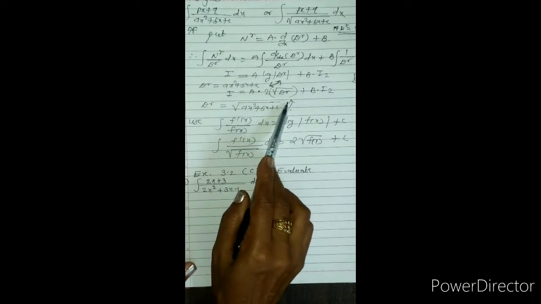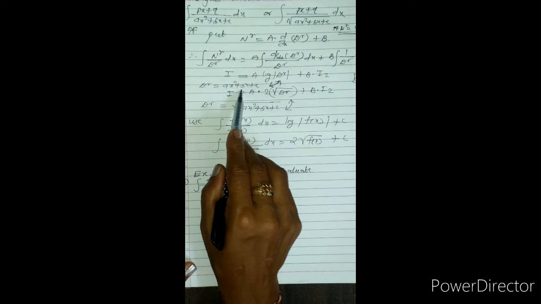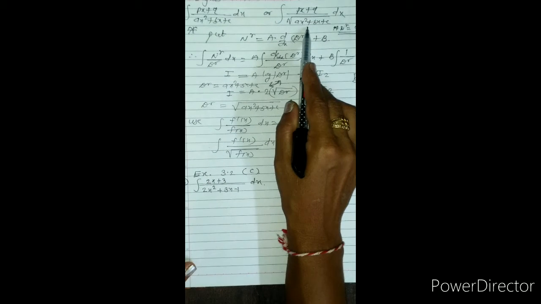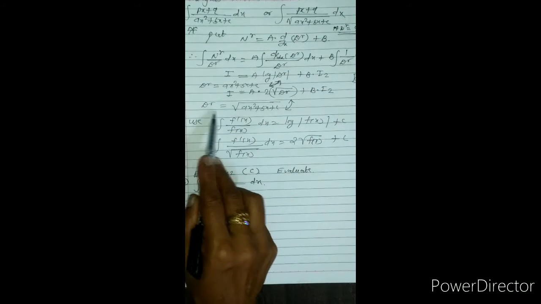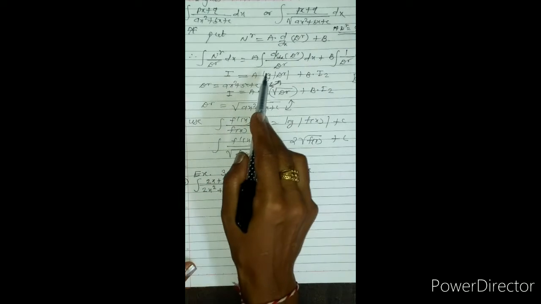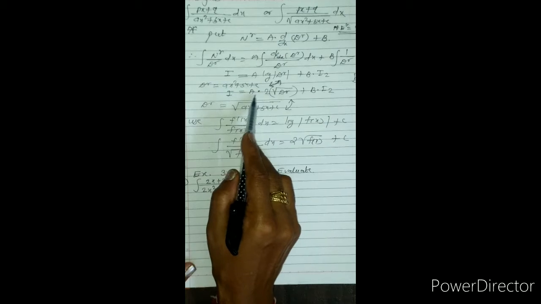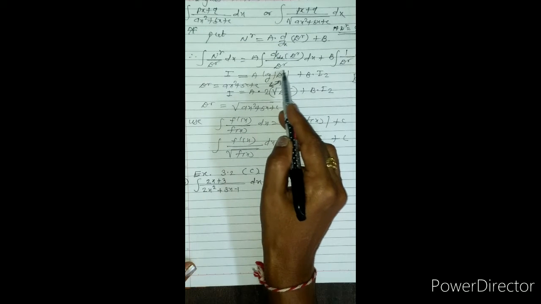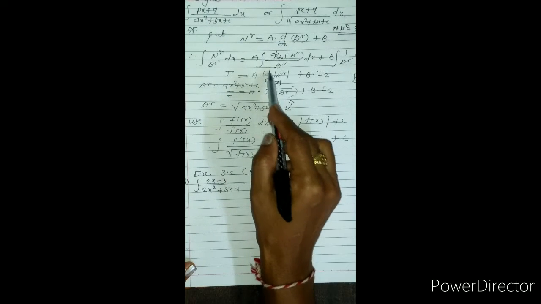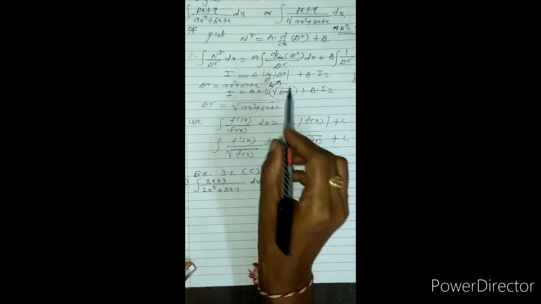After this, if the quadratic expression is under the root sign, meaning the denominator is under the root, then we get the integral value as I = a times, using the formula, the integral of f'(x) dx upon under root of f(x), whose value is 2 times root of f(x).